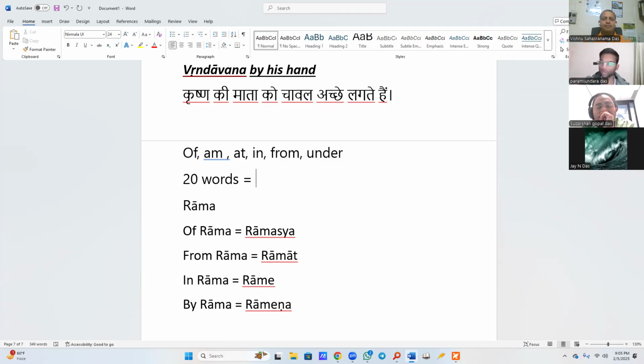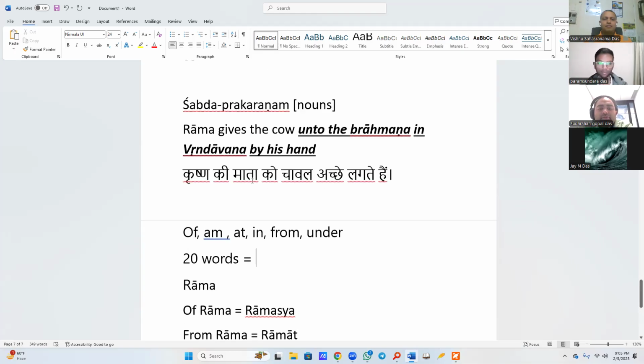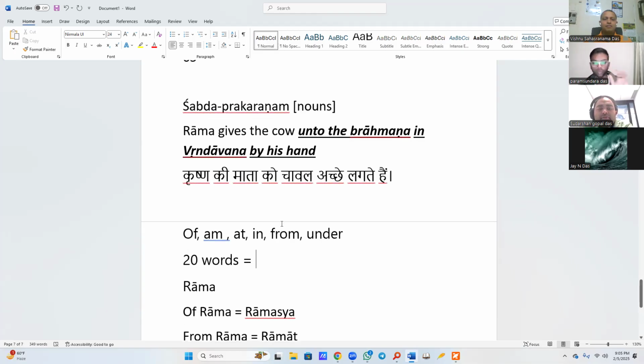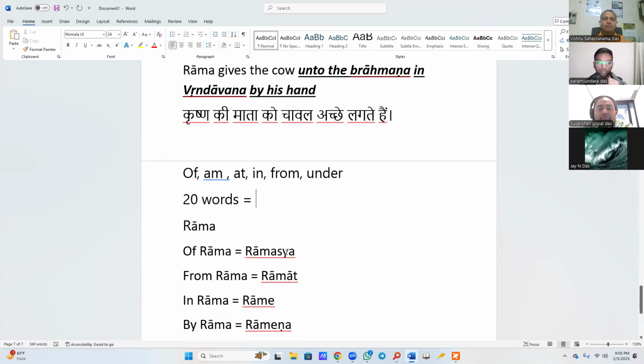They can be nouns, pronouns, adjectives, that is a different thing, but they all come under the category of nouns. So out of 100%, 85 to 90% of words are nouns in a sentence in Sanskrit. So it's very important that we study nouns properly and get to know the forms properly, especially these endings.